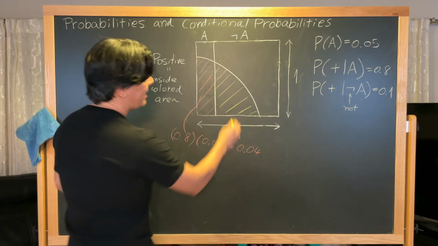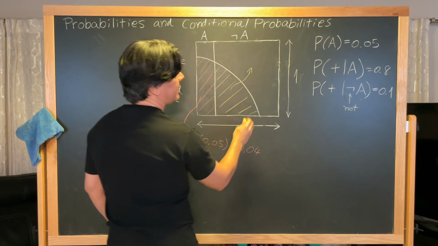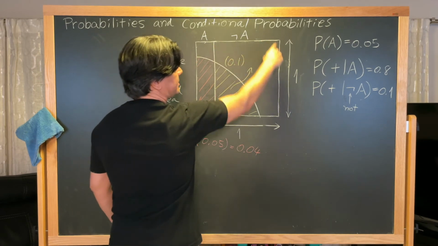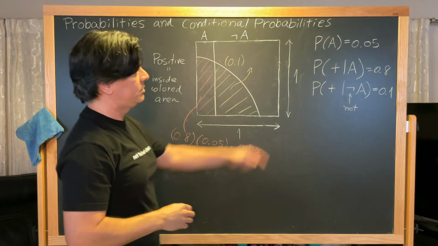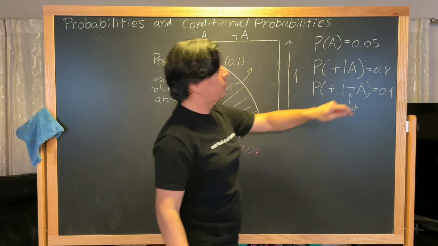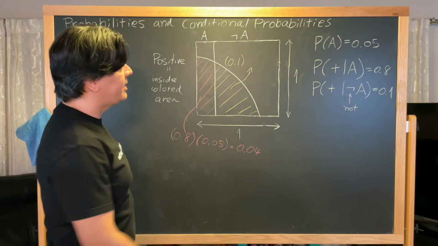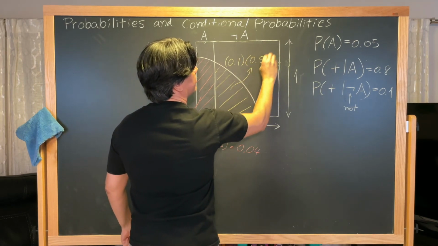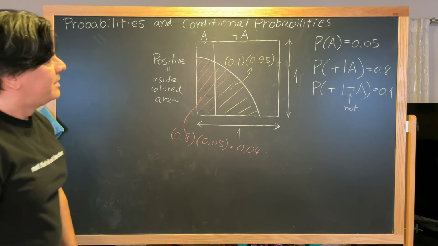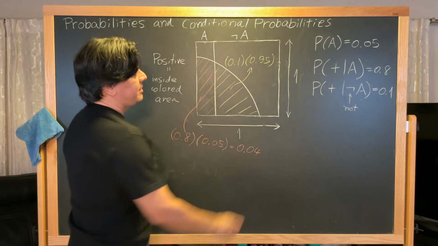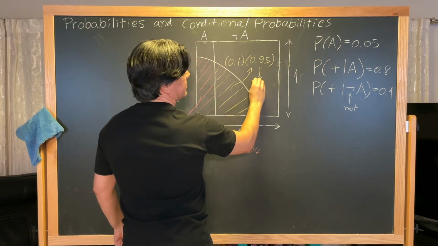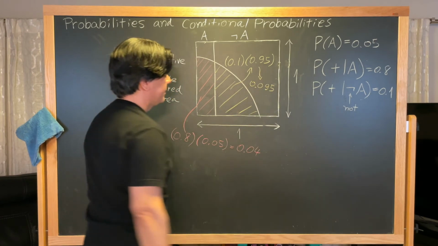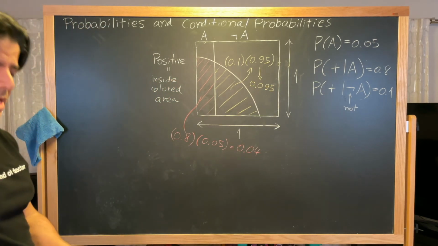So the size of this yellow part here is 10% of the size of this not A area, which is, well, who is not allergic? The rest of the population, 95%, right? So 10% of 95% is 9.5%, 0.095. Great.